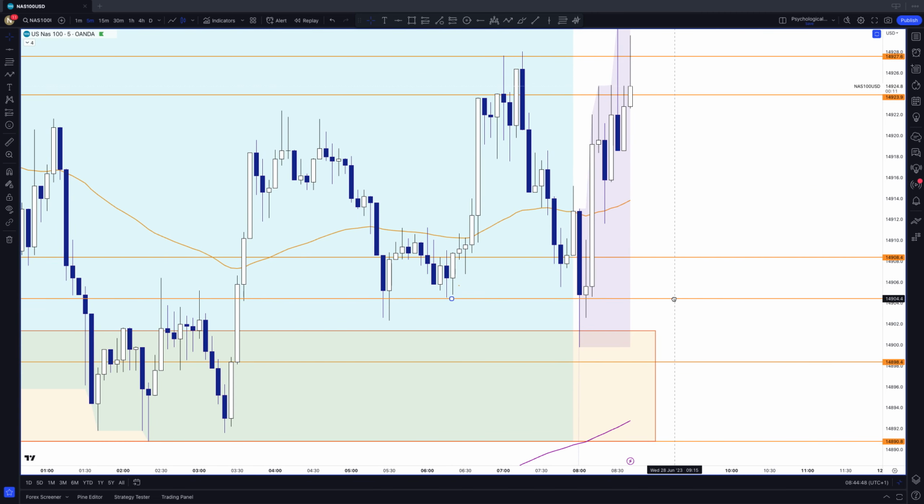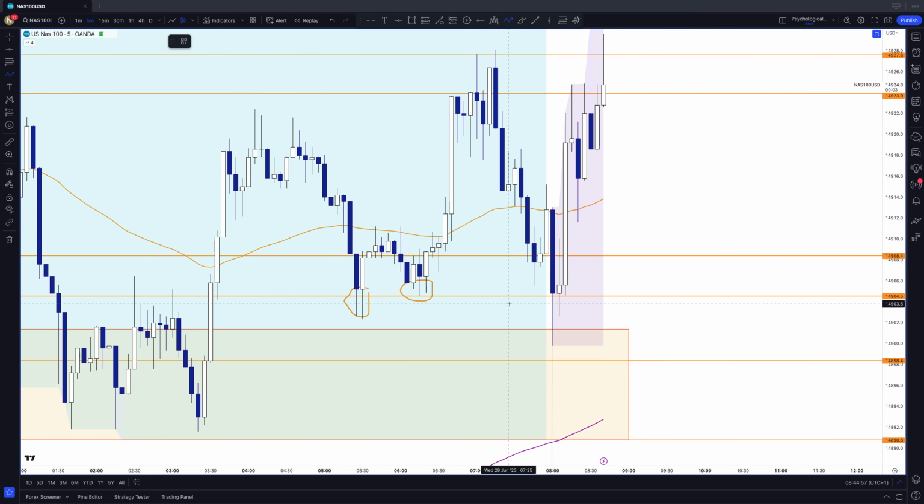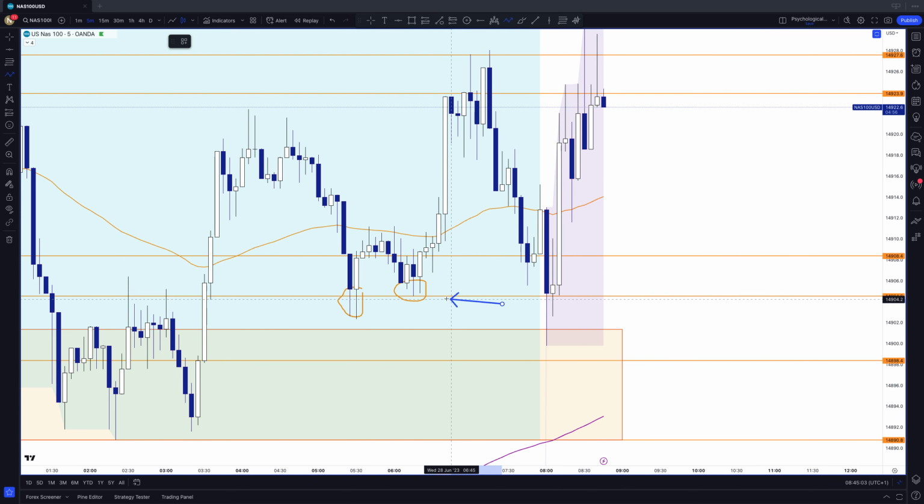Now I need you to see this very closely. I need you to see the lows over here, these wicks. This opening candle dropped into this demand zone, snapped back, and failed to close below any of these wicks. In fact, it even failed to close below this 1 hour horizontal level.